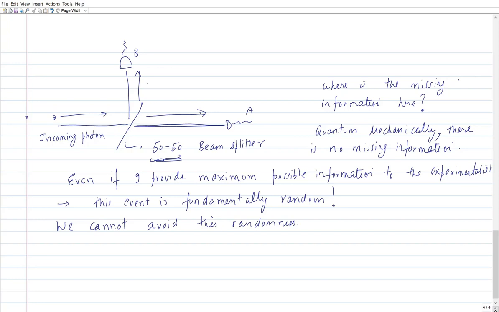So we've already seen a fundamental difference between quantum mechanics versus classical mechanics. And the essential difference is the difference between something we call subjective versus objective.